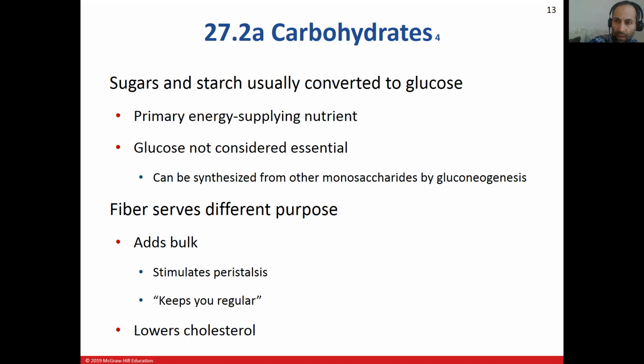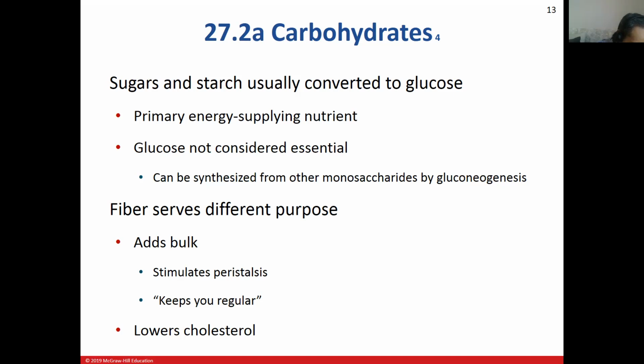If you didn't have fiber in your diet, fiber is also called roughage, then you would be at risk for developing constipation, right? And chronic constipation is actually a risk factor for colorectal cancer. Okay, so not only does it prevent constipation, but also colorectal cancer.